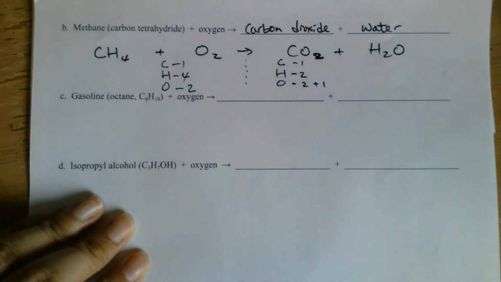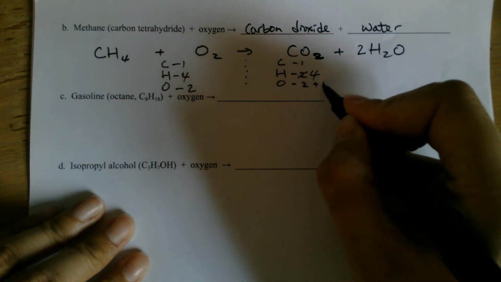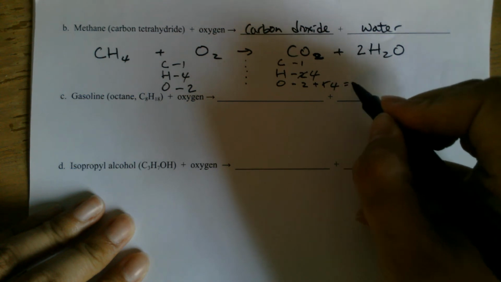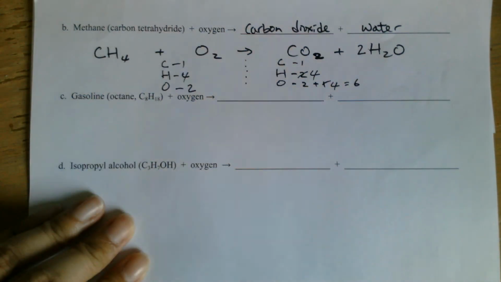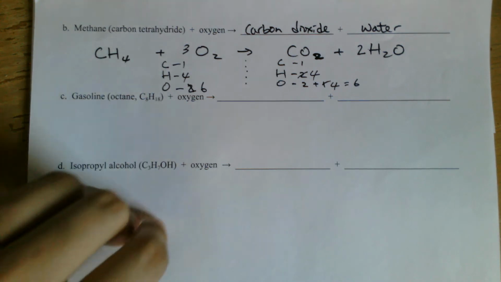So carbon looks like it's already balanced. For hydrogen, we need to multiply our right side by 2. So we have 4 hydrogens and 2 plus 4 oxygens, and that is a total of 6. So that means we need to multiply the O2 on the left by 3, so we can get 6 oxygens.